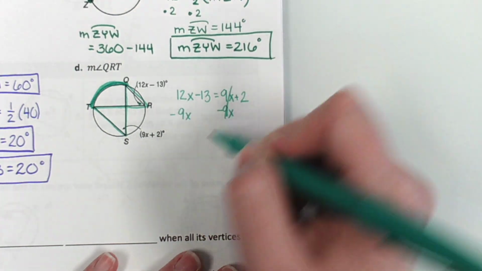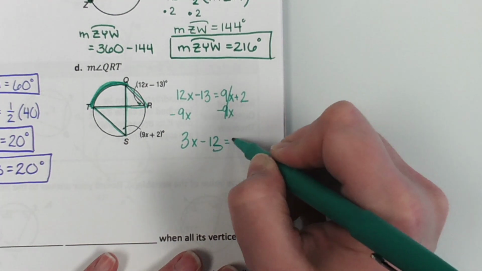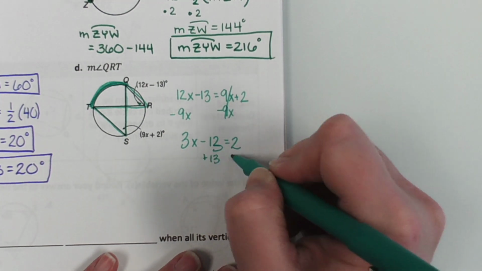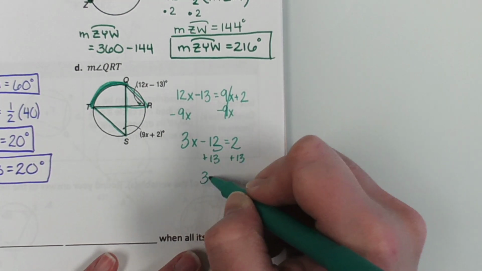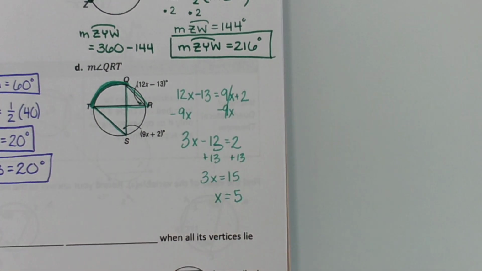Subtract the 9x. 3x minus 13 equals 2. Add the 13. 3x is 15, therefore x is indeed 5. Is that what it asked you to solve for? No, don't forget to plug it back in.